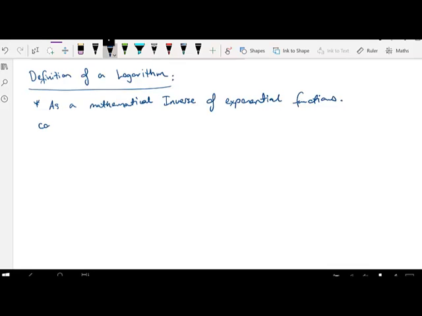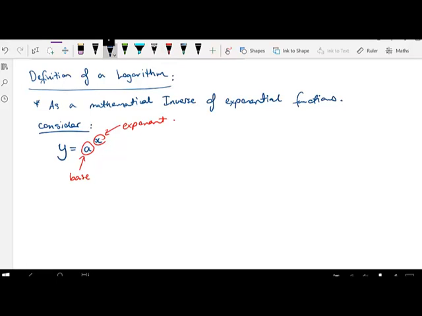So if we consider a simple exponential in the form y is equal to a to the power of x, and we look at that exponential and understand the components, we know that a here is the base and our x is our exponent.